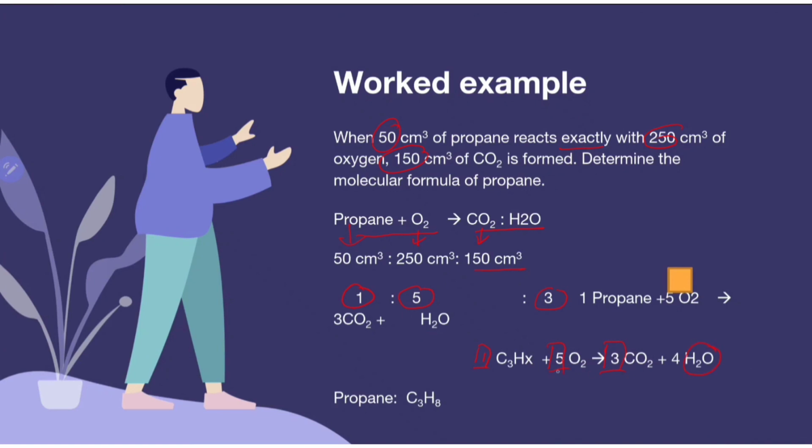We can calculate oxygen on the left hand side. 5 times 2 is 10. From here you have 6. So here lack of 4 oxygen, or 4 H2O. So there are 3 carbon and 8 hydrogen. So the molecular formula is C3H8.